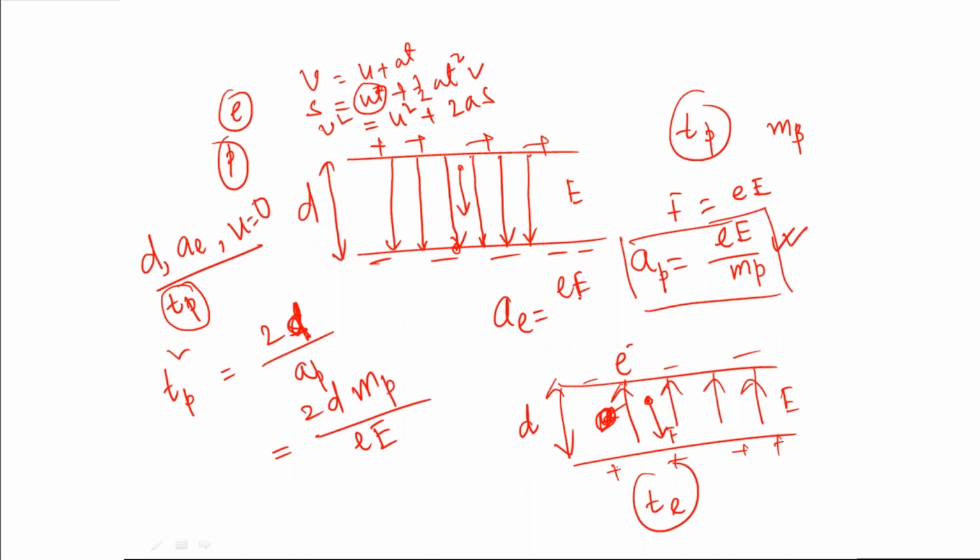Me is the mass of the electron, because if the force is e into E, acceleration means force by mass. The magnitude of the force is the same. The only difference is the acceleration, because acceleration depends on the mass. If you have a huge body, then it has very little acceleration. So similarly, I can find out te square is equal to 2d me by eE.